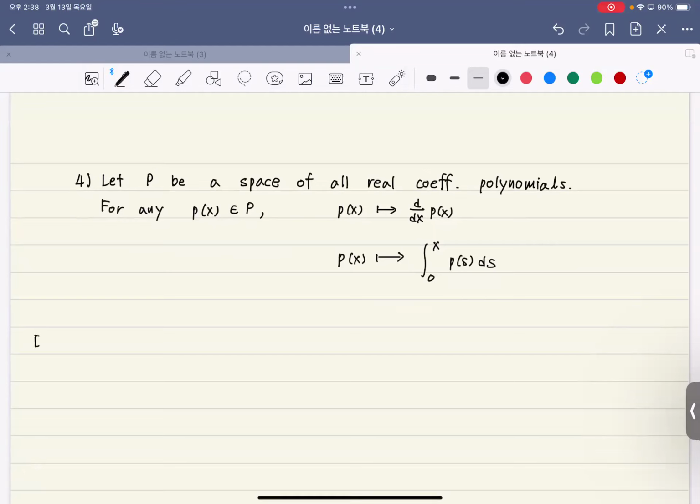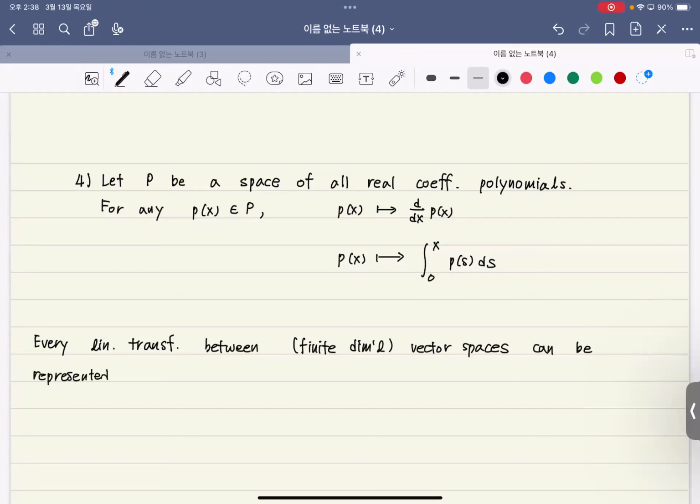Every linear transformation between finite dimensional vector spaces can be represented by a matrix.